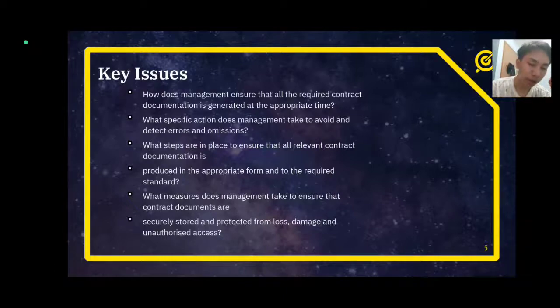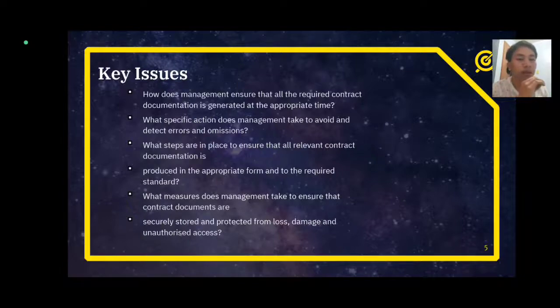Pero halos lahat naman importante. So, ito lang yung pinili ko. How does the management ensure that all the required contract documentation is generated at appropriate time? What specific action does management take to avoid and detect errors and omissions?